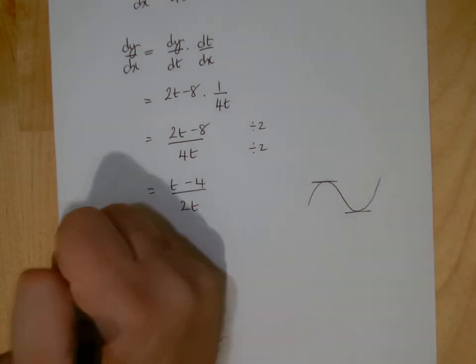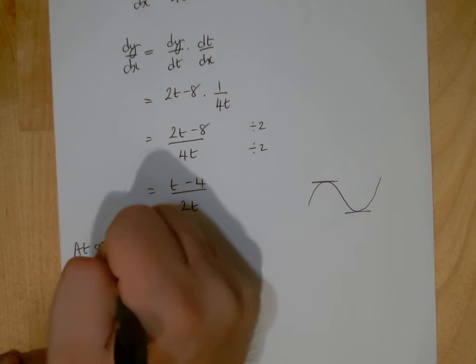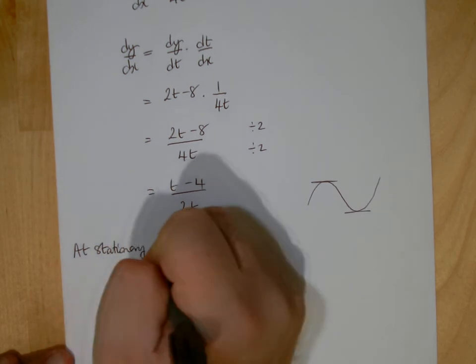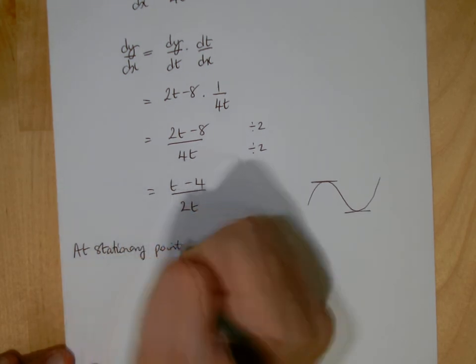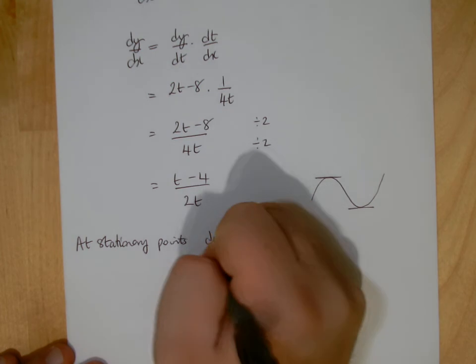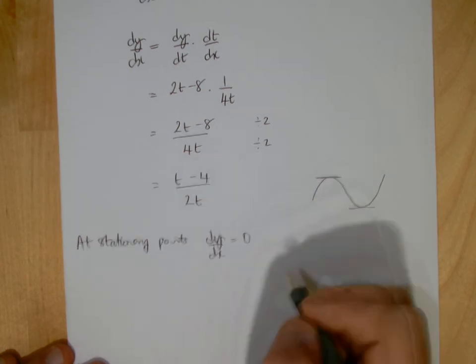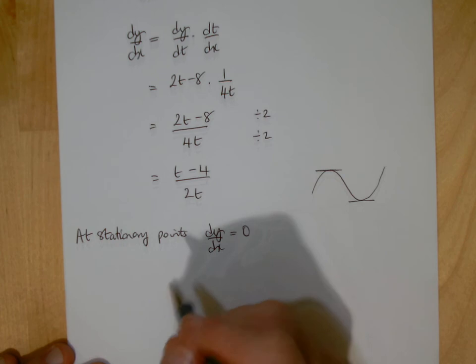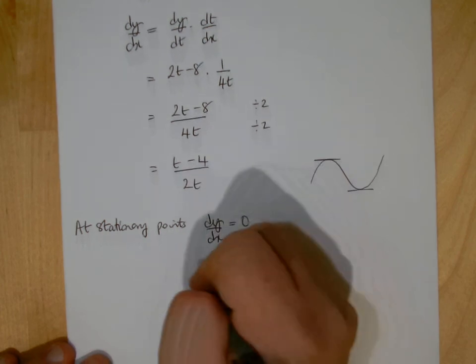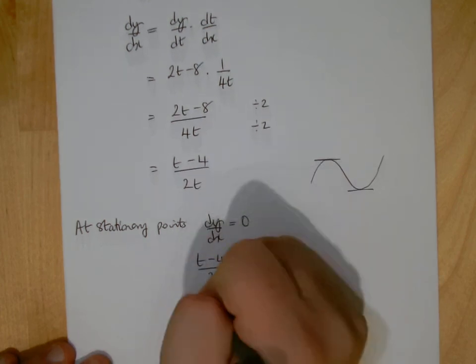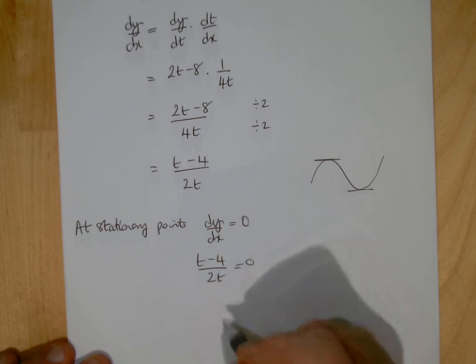So we say that at stationary points, dy/dx will equal 0. Okay, so we've got dy/dx here, (t − 4)/2t will equal 0.